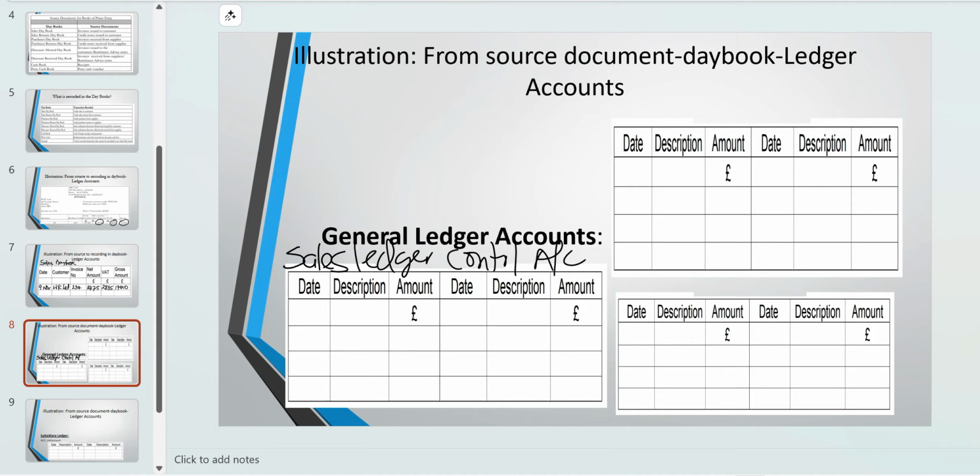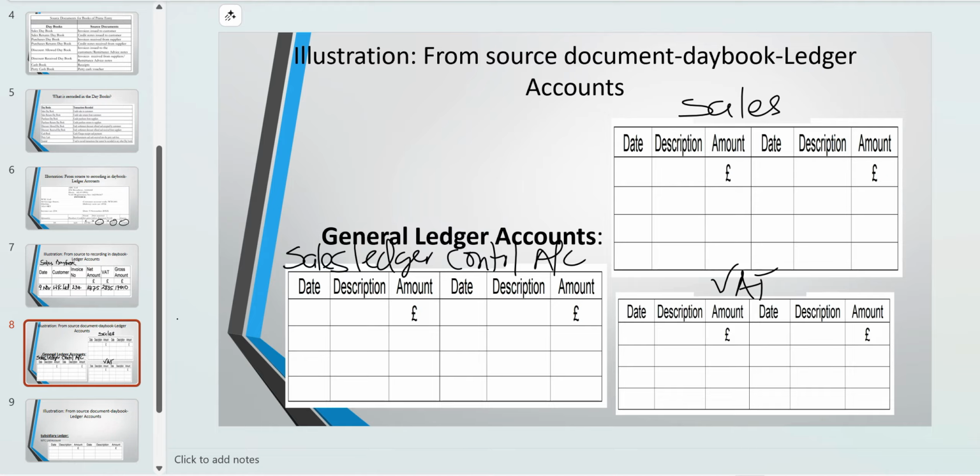I'll now put this one as sales. These are the relevant general ledger accounts for this credit sale, and then VAT. So the sales ledger control account is the debtors account, or what we call the trade receivables account.